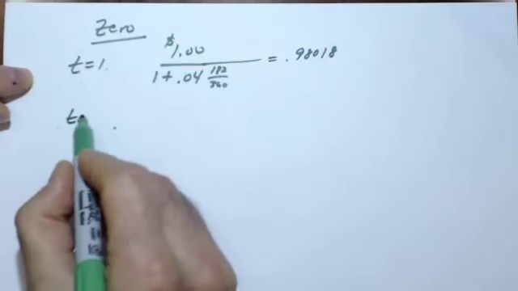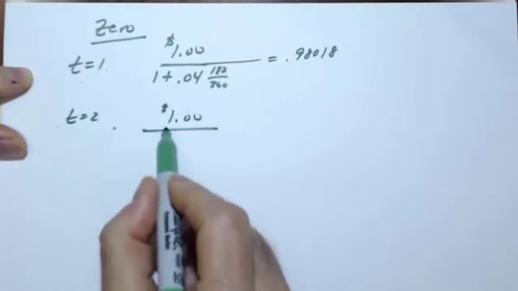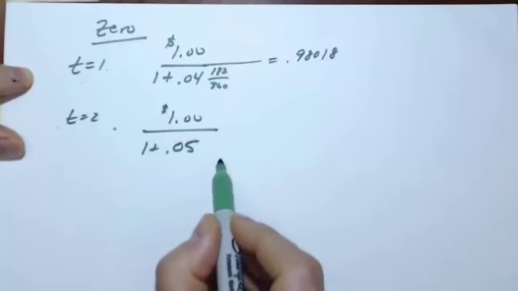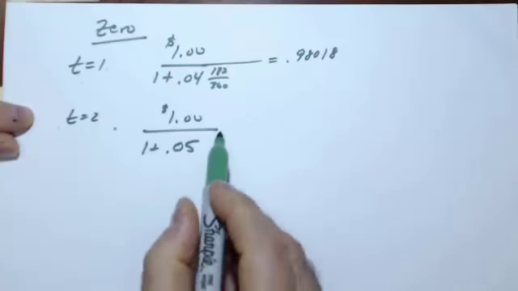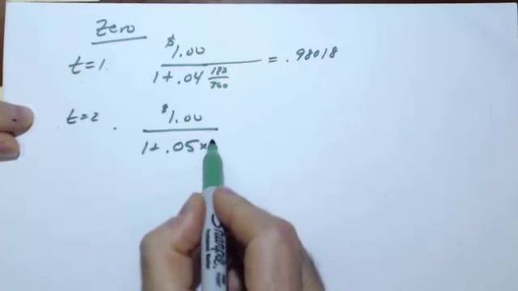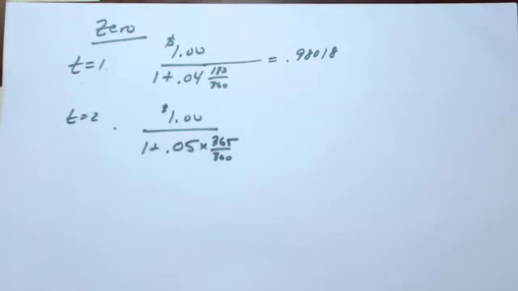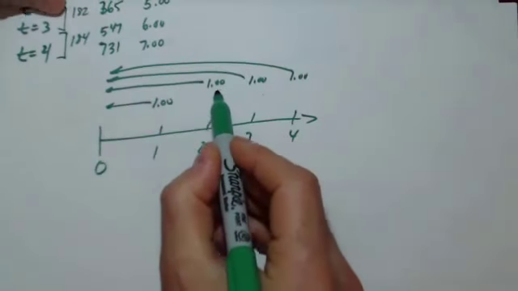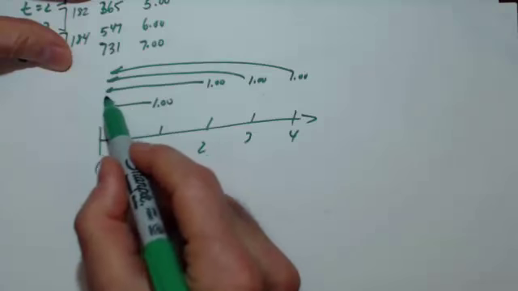Then if we did that for t equals 2, we'd get the $1 that we're going to get in period 2. We're going to discount it back at the spot rate for the 2 periods. So this is the spot rate appropriate for a 2-period spot, and we're going to multiply that by 365 over 360. So we're basically saying, look, we're getting $1 here, and we're discounting it back at 5% for a whole year.